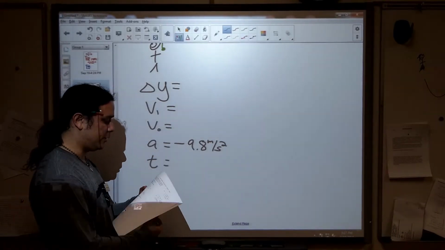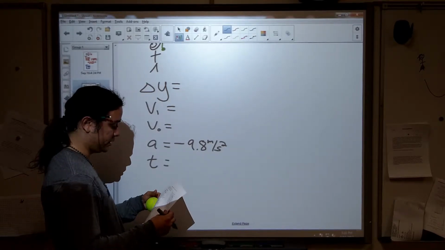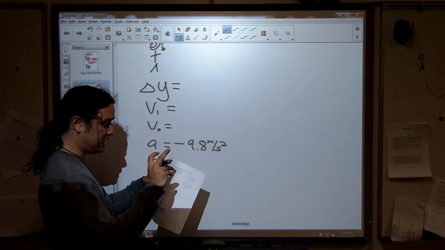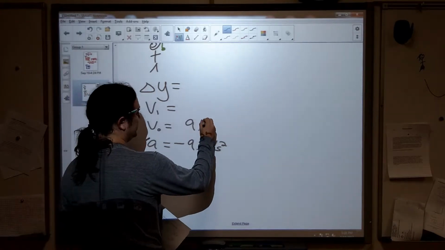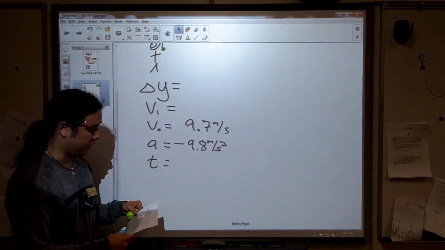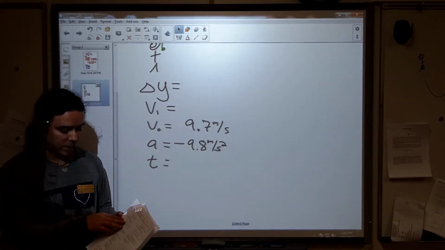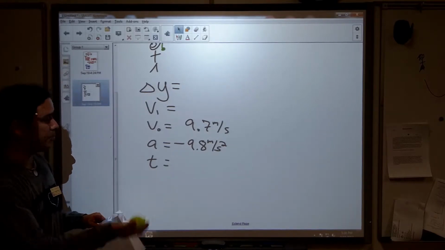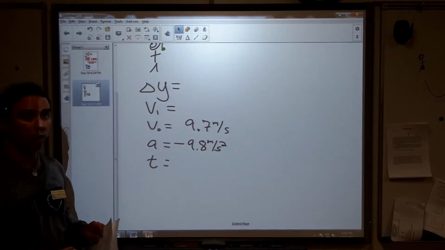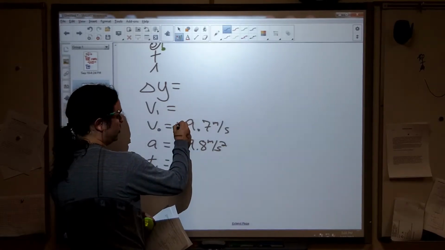All right, they say that this person starts by throwing the ball upward with an initial vertical speed of 9.7 meters per second. And here's where we want to bring that in. Technically, they're right to use speed, but the diagram they give us shows that they're throwing it upwards. For velocity, we want the actual vector, which means if it's going upward, then it's, well, positive.